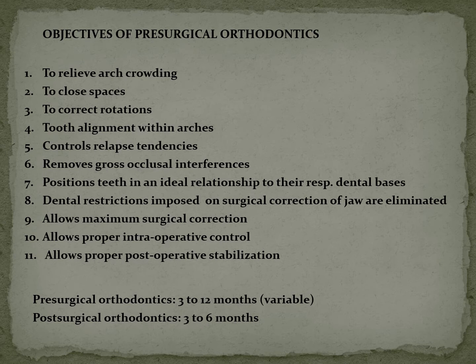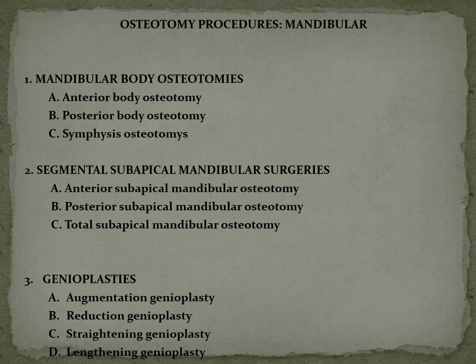Most of the patients will have crowding for this type of orthodontics, then we can proceed with the orthognathic procedure. What are the things we can do with the mandible? Mostly the osteotomies: body osteotomy, posterior body osteotomy, and symphysis osteotomy. Segmental ones are like anterior subapical, posterior subapical, and total subapical osteotomies.